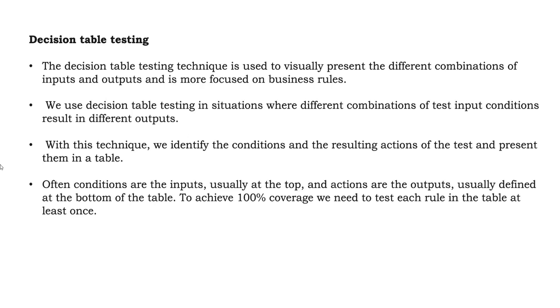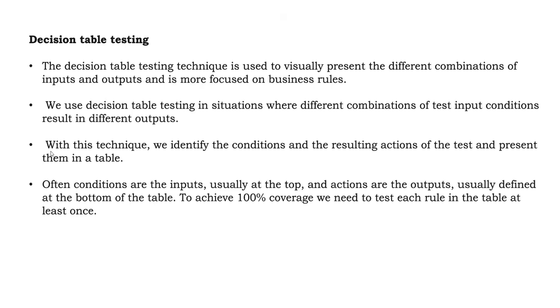With this technique, we identify the conditions and resulting actions of the test and present them in a table format. Often the conditions, which are inputs, are usually at the top, and the actions, which are outputs, are usually defined at the bottom of the table. To achieve 100% coverage, we need to test each rule in the table at least once.